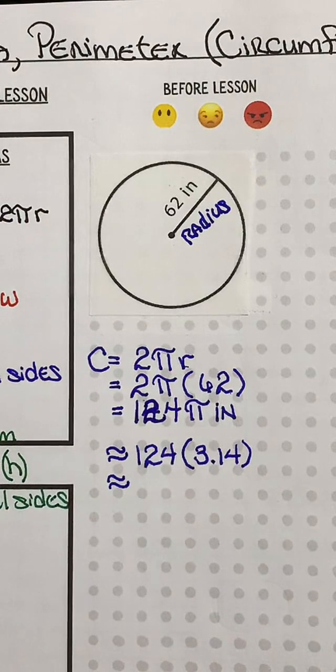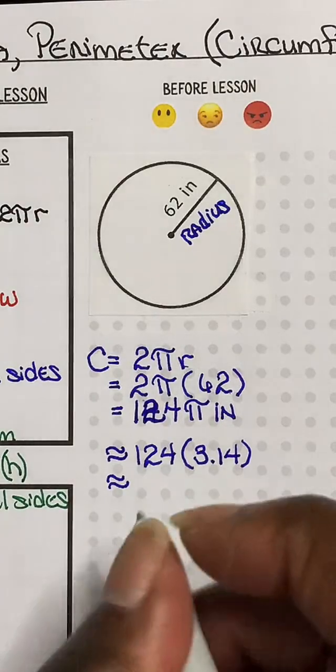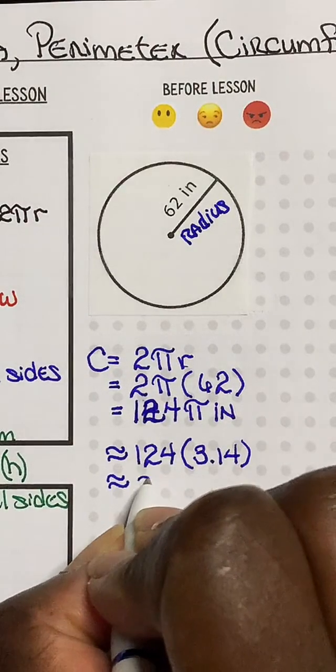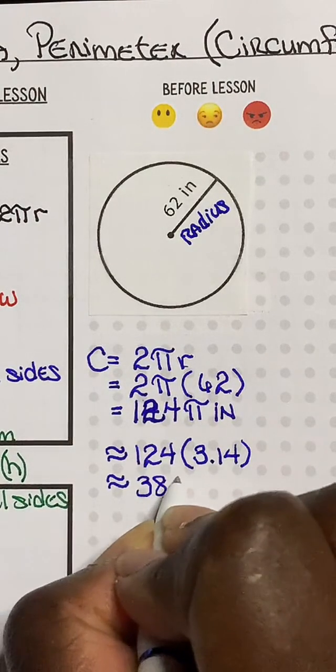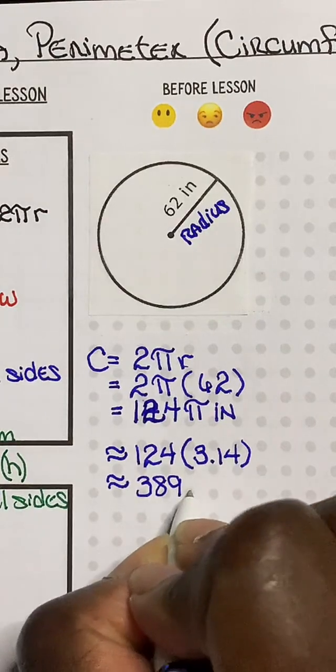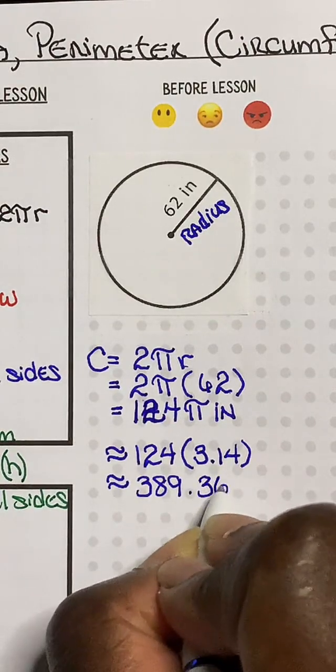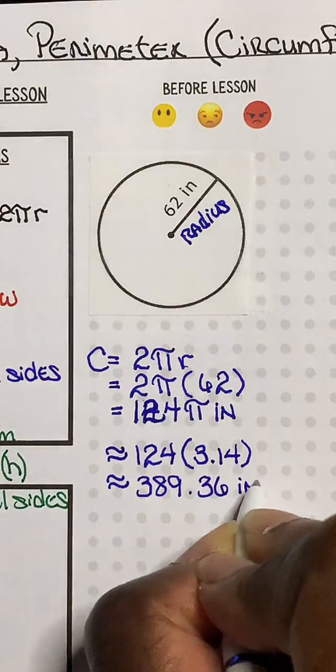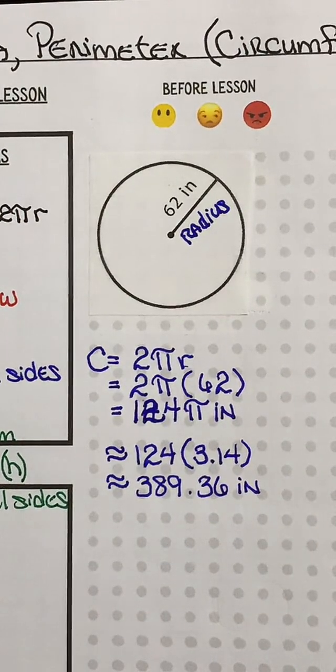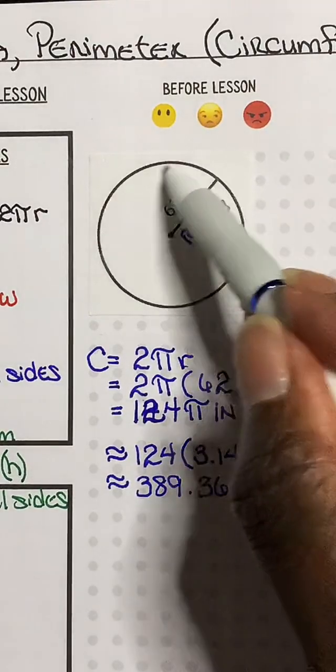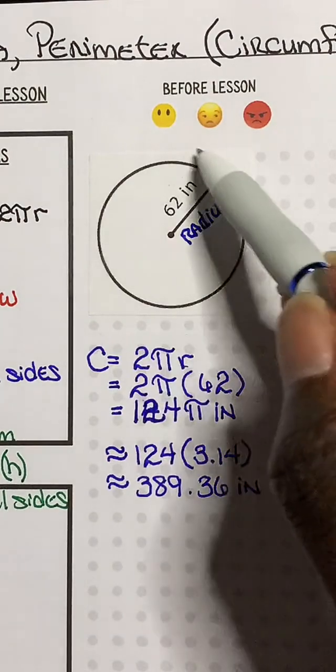Sometimes you're going to have to stop and take a look to see what exactly they want. And just like what Courtney says, it's 389.36 inches. Not inches squared, just inches. So that is the circumference, the around, the rim.